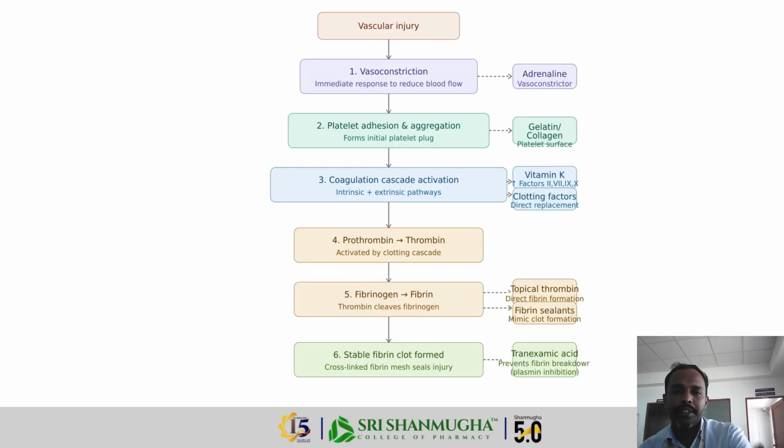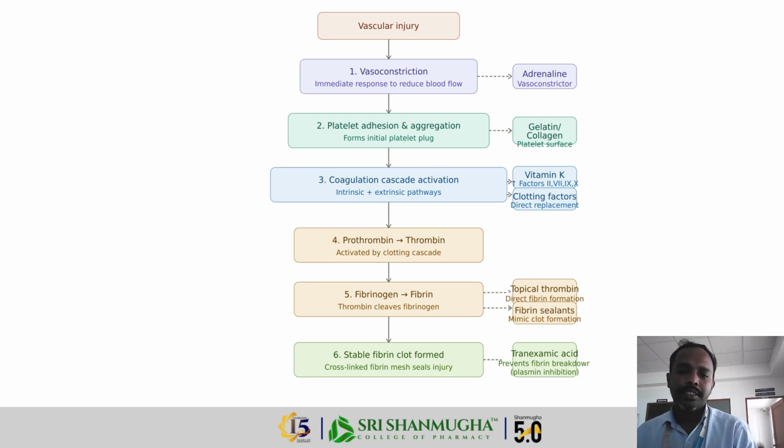Next, we have the mechanism of action of coagulants. Whenever there is a vascular injury, vasoconstriction is the immediate response to reduce blood flow. The drug adrenaline will enhance the vasoconstriction process.